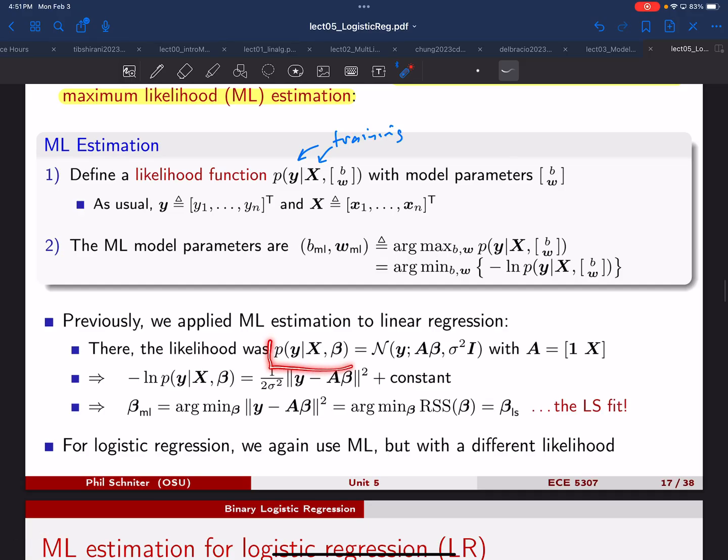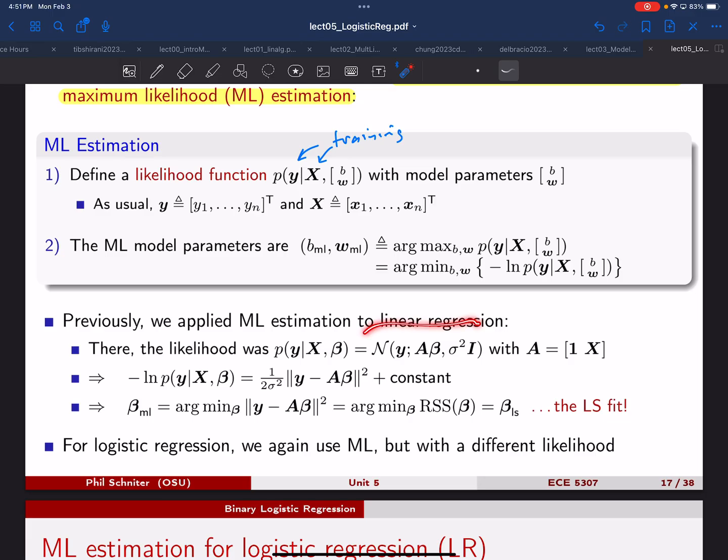In that case, the probability of y given x and beta was Gaussian in the variable y, where the mean was A times beta, and the covariance matrix was sigma squared identity. So here A contains our features, but it also has a column of ones that multiplies the first element in the beta vector, the intercept term.